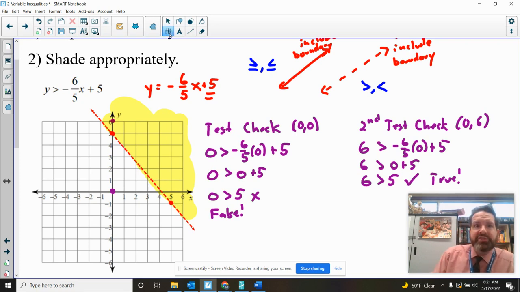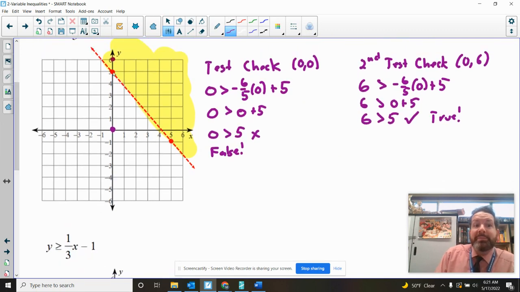What I mean by that is, let's just do one final quick test check here. If we pick a boundary point, like this one right here, the 0, 5, I'm just going to make a note here. We're just doing a final kind of boundary check at the ordered pair 0, 5. If we put that in, we're going to end up with eventually the statement. Well, I'll tell you what, let's run through the calculations.